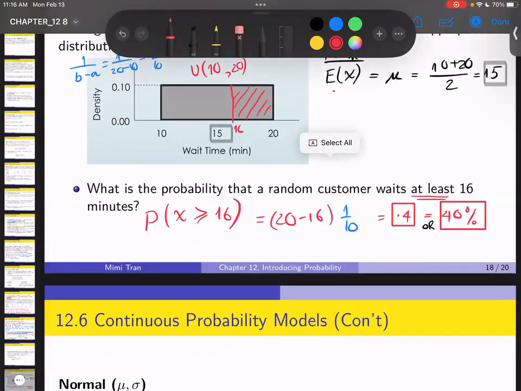Let me ask you a question. What is the probability of a randomly selected customer waiting less than 15 minutes? You don't have to use a formula or anything.